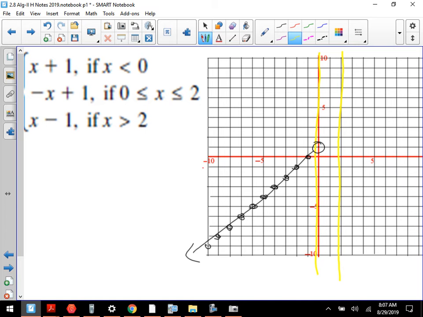All right. I go to my second graph. My second graph says negative x plus 1 between 0, including 2. Well, my y-intercept here is 1, and it overlaps with what we already had. So remember the trick that I said to do? If one of them is solid and the other one is open, we just make that open dot a little bit larger.